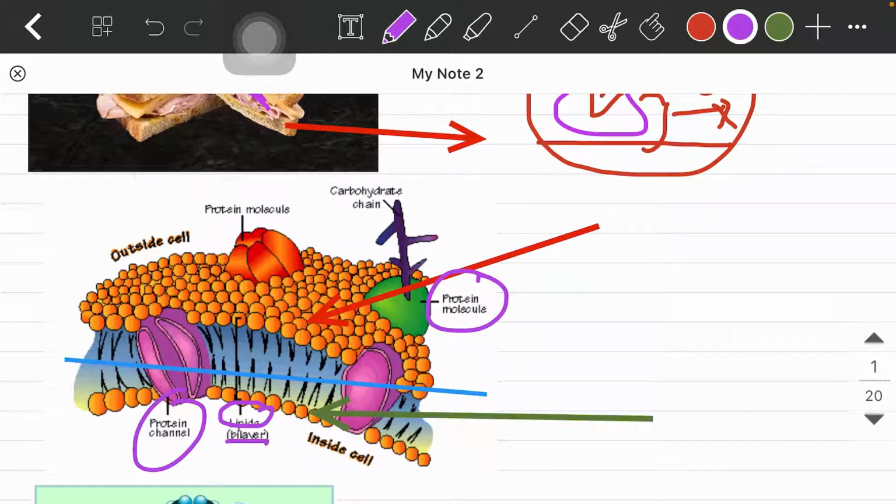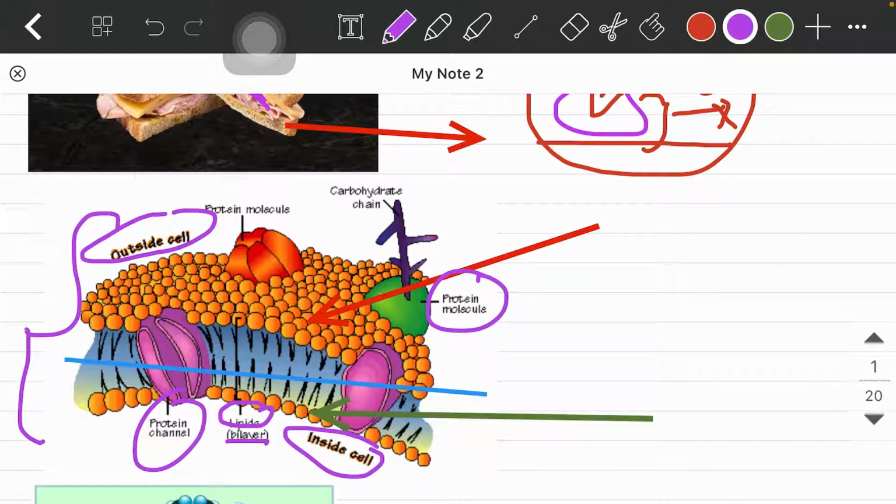And for this section of the cell membrane, papansin niyo, so this is the outside of the cell. So considering the outside and then considering also the inside of the cell. So the inside of the cell, where can you be able to find the different organelles such as your mitochondrion, your lysosomes and other parts of the cell, okay?